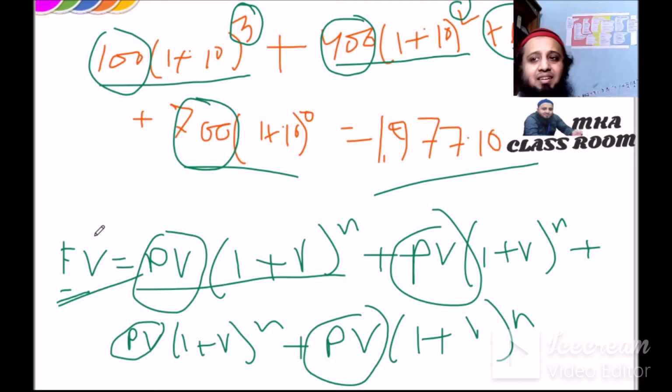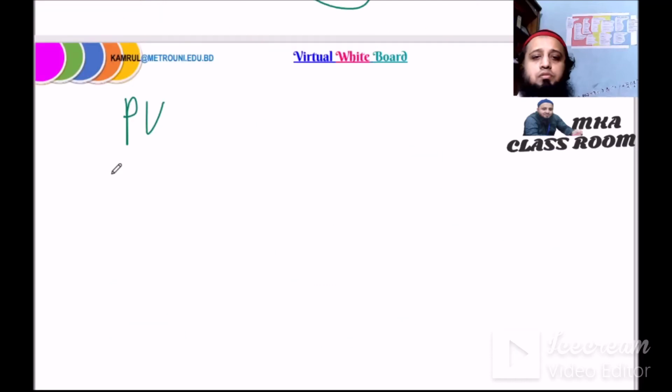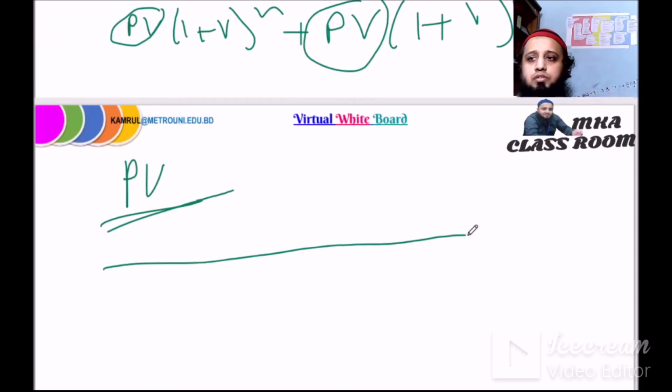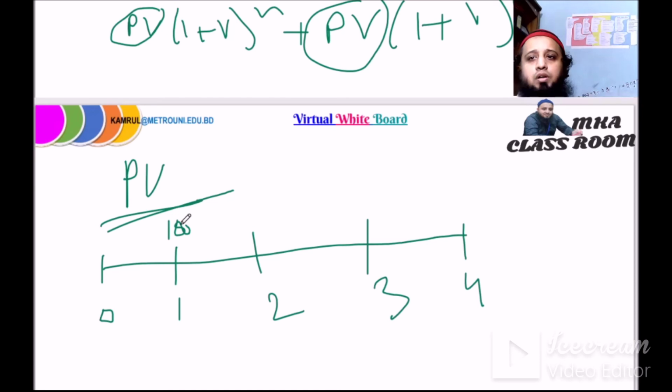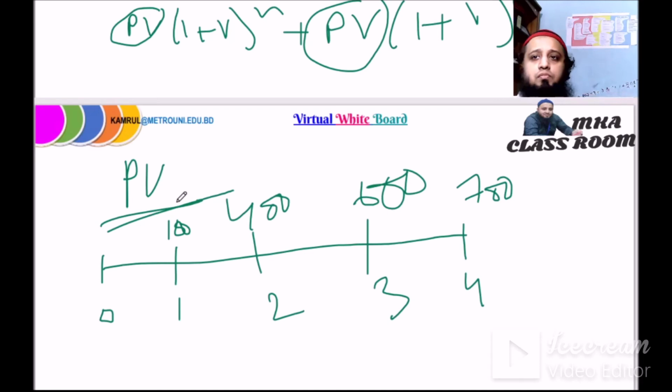Now the present value of this mixed stream. Here we will again draw our timeline: 0, 1, 2, 3, 4, with 100, 400, 600 and 700, as in our previous example.